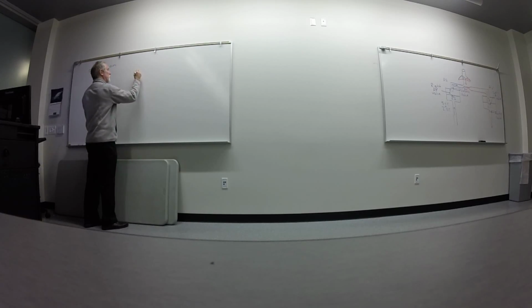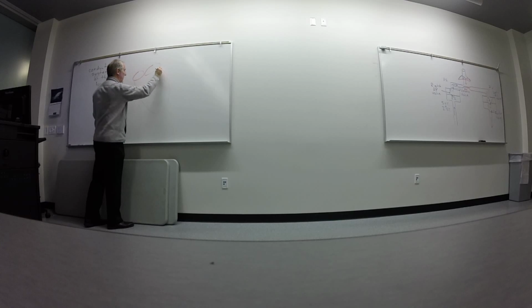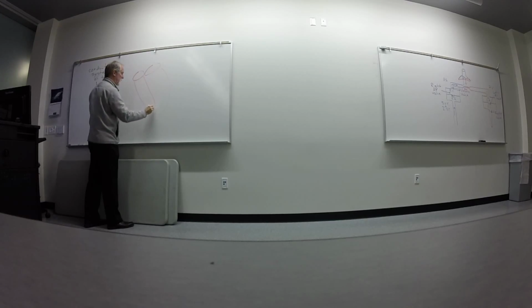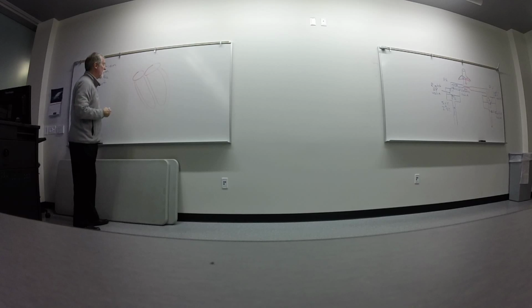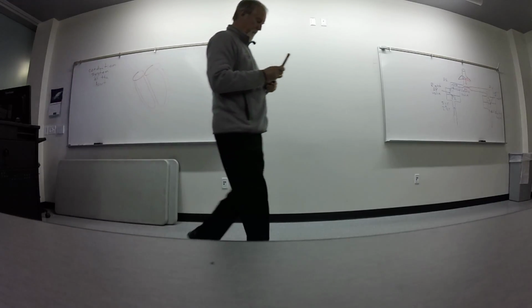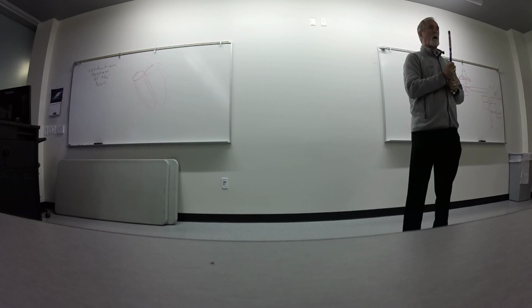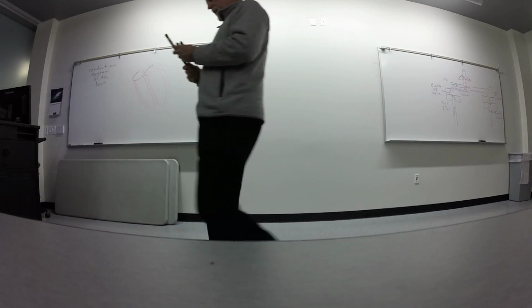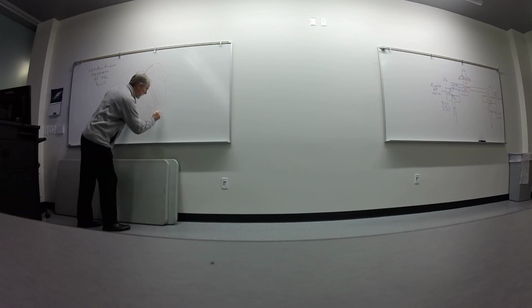A couple things I forgot to mention in that last diagram, and I'll talk about them here. If you try to imagine the longitudinal axis of the heart, what are we going to call the tip of the heart right here?